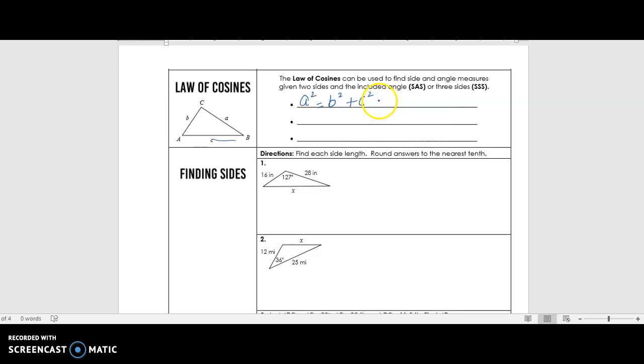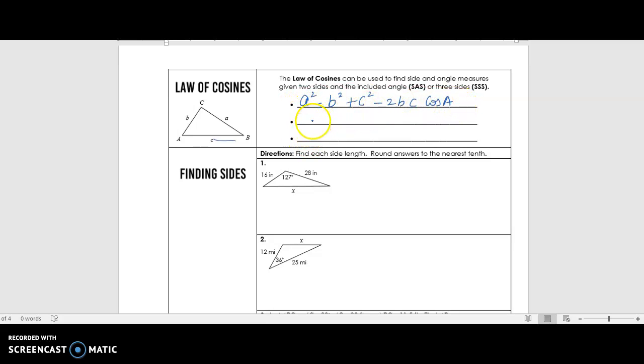Don't think this is the Pythagorean theorem, okay? This is not. It is a squared equals b squared plus c squared minus 2 times b times c times cosine of A. When you're starting out with a squared, you are going to take the cosine of that angle. So a squared is equal to b squared plus c squared minus 2 times bc cosine of A.